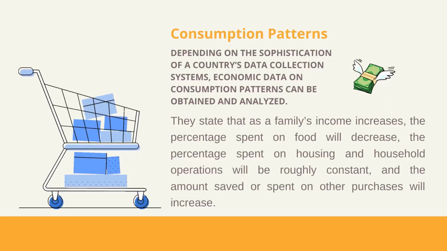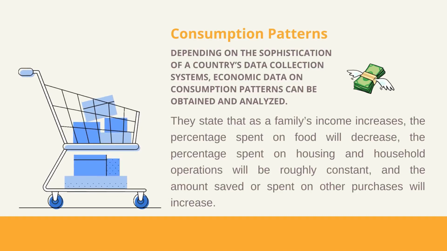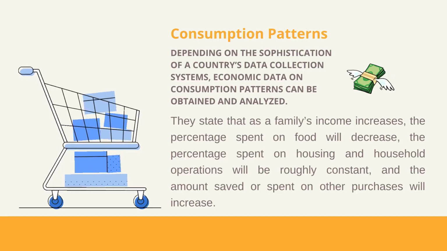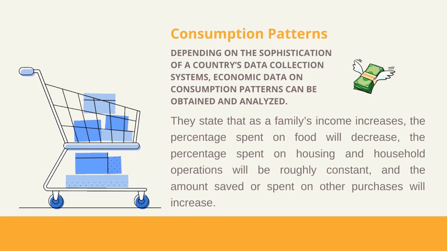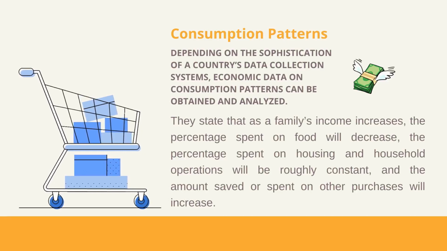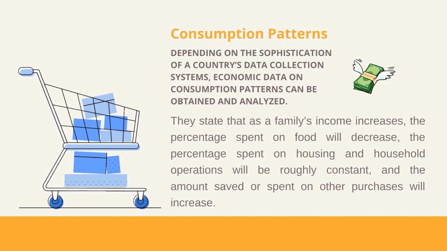Okay, so now we got to the consumption patterns, and that means that we are going to analyze how people spend their money. Depending on the sophistication of a country's data collection system, we can get the consumption patterns and analyze that information. The share of income spent on necessities or basic products will provide an indication of the market's development level, as well as an approximation of how much money the consumer has left for other purchases.